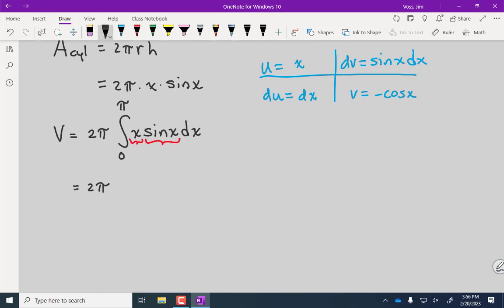So here's an example where we factored out the constant, and now I'm kicking myself because now I have to use monster brackets. It would have been easier just to leave it in there. So 2 pi times this integration by parts, we have u times v, ultraviolet, so minus x cosine x. There's our uv. That has to be evaluated from 0 to pi. Minus the integral.